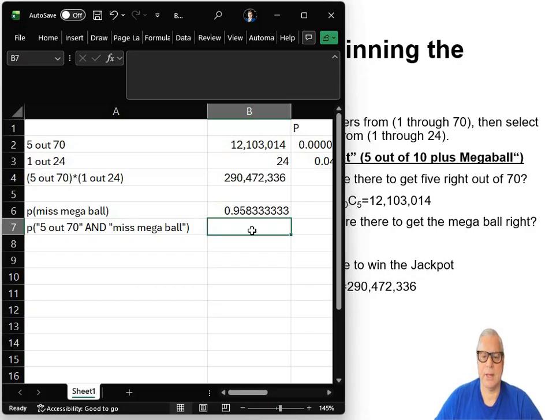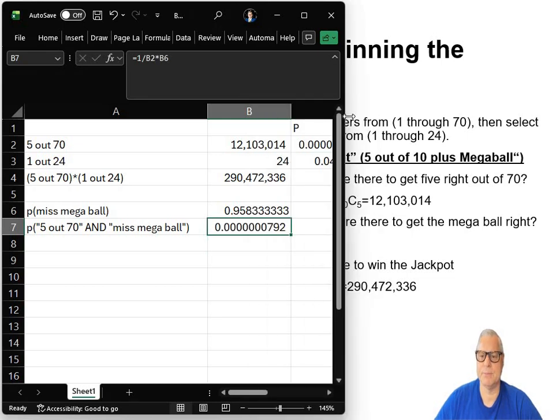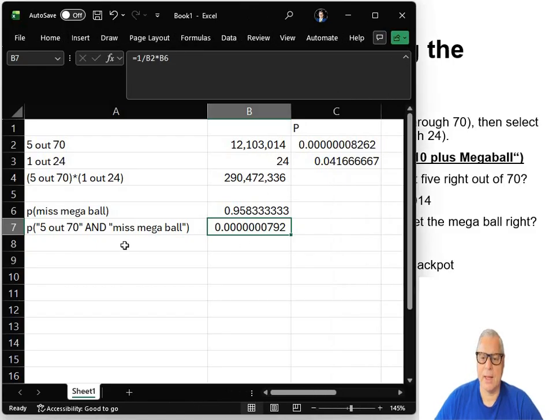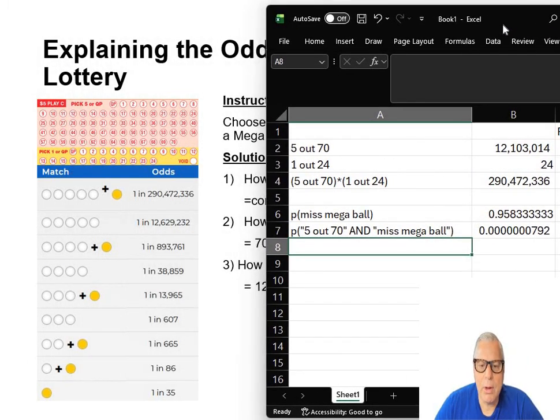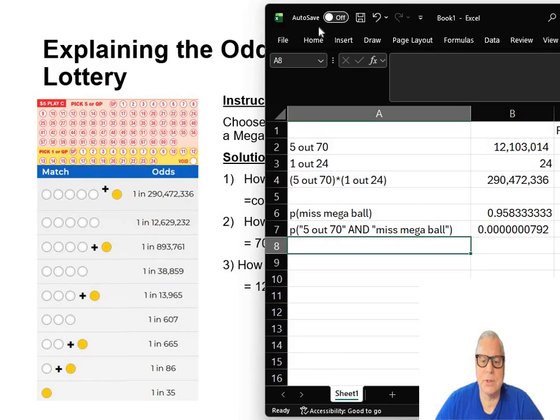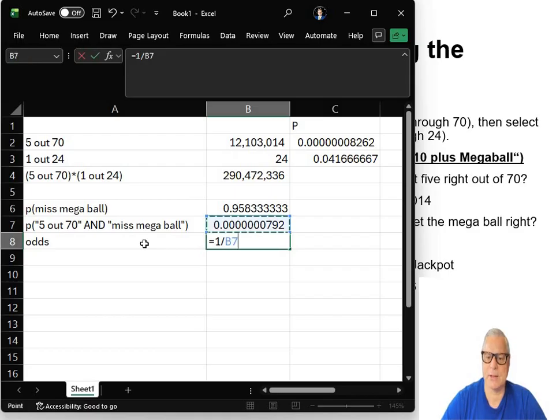So in terms of probability, the probability of 5 out of 70 is 1 over 5 out of 70, and now times the probability that we miss the Mega Ball. Of course, it's still very unlikely, but now we get to the 1 in 12,629,232. Well, the odds ratio is then the inverse of what we just calculated.